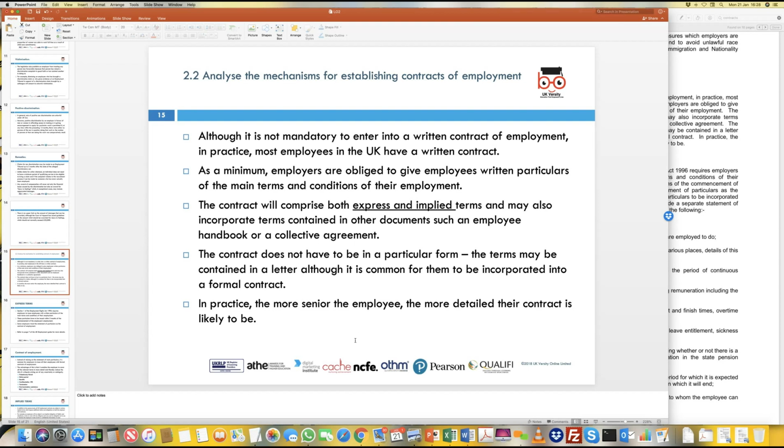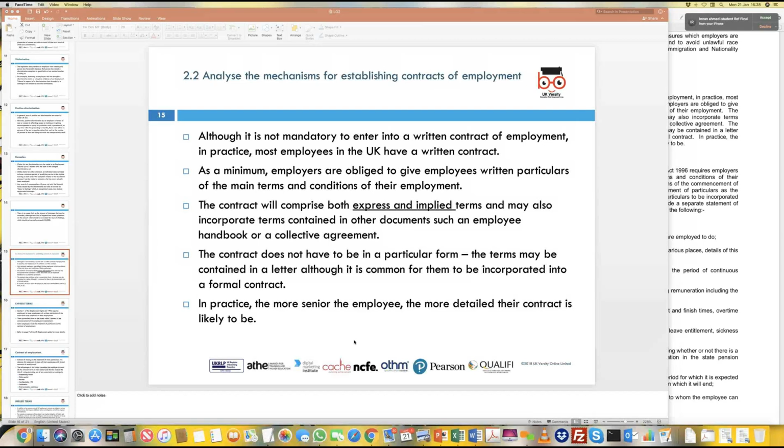But if it is being drawn up for, say, a temporary worker who's going to be employed for a couple of weeks or a couple of months to cover for a particular role, then some of the implied terms would not be included in the contract, because it is a temporary contract.